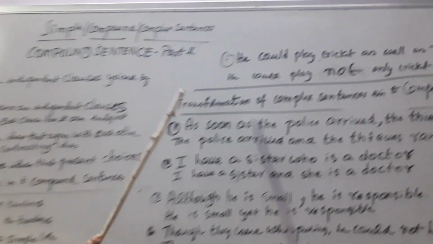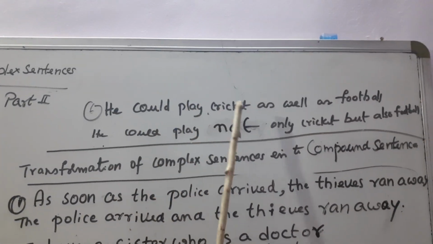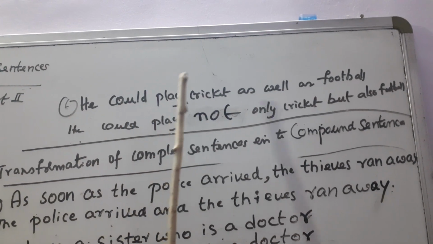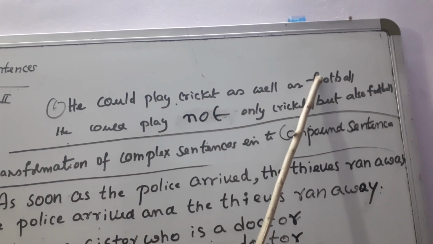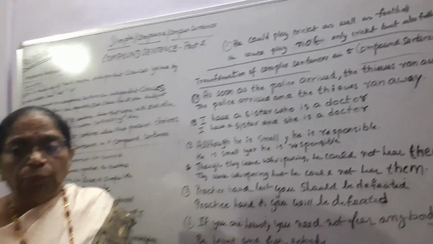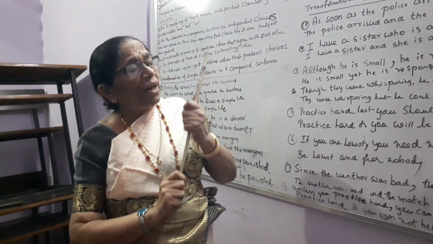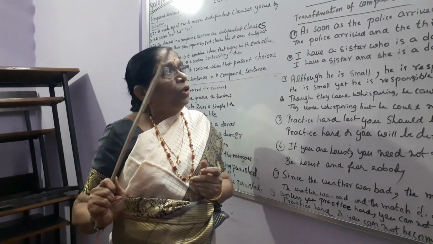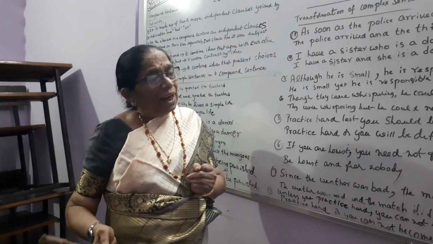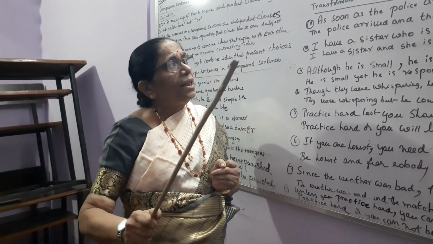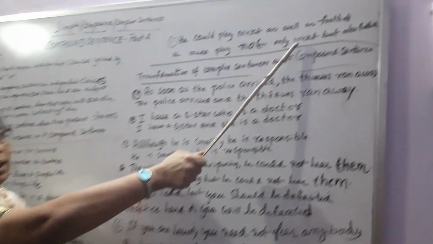Next sentence. He could play cricket as well as football. Now, this sentence I am giving to you, please do it. If the simple sentence uses "as well as," then the compound sentence will generally use "not only but also."